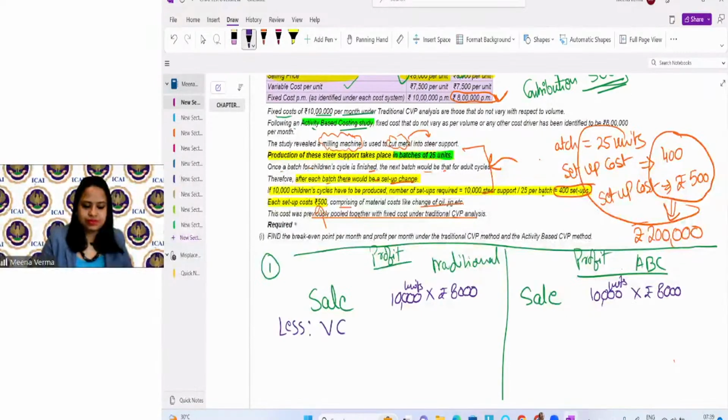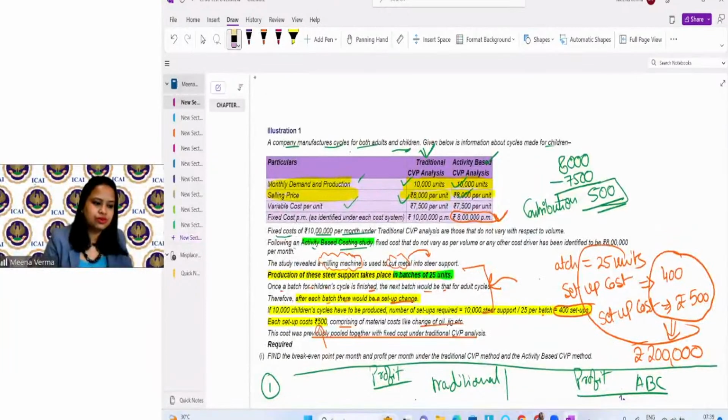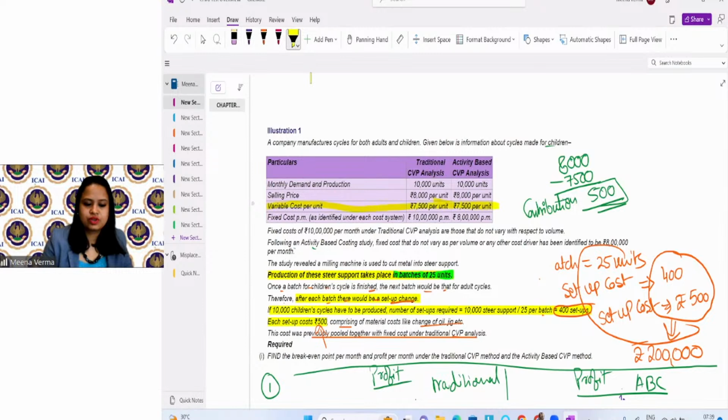So what is the variable cost coming here? You can see the question. What is the variable cost in both the cases? Find it and tell me. So you can see in both the cases, the variable cost is 7,500 per unit.